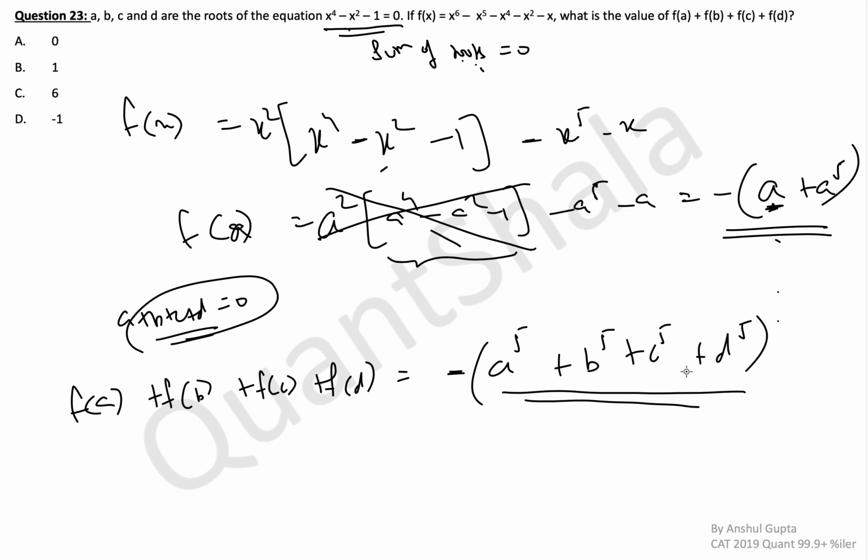Now the only thing that we have to evaluate is this. And now there is a very interesting catch here. Notice that this equation given here is an even function. If you don't understand even functions, read about it after this video. But let me tell you briefly. Even function means, let me talk about even functions in a separate window here.